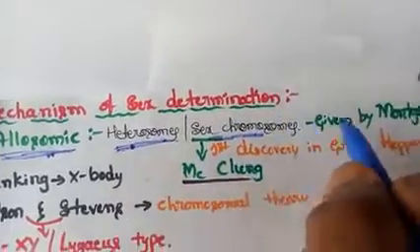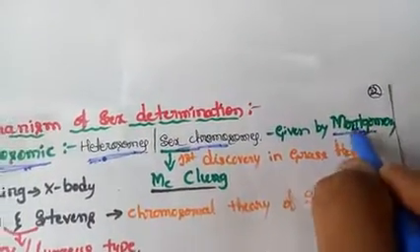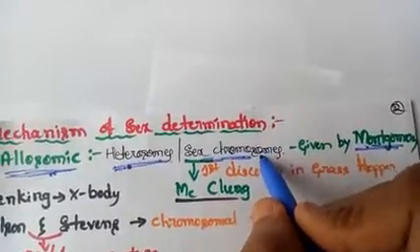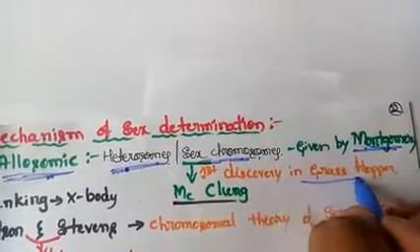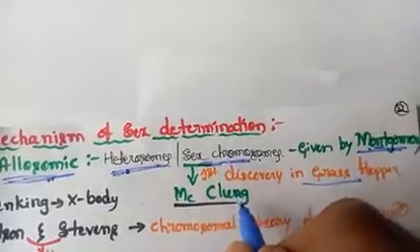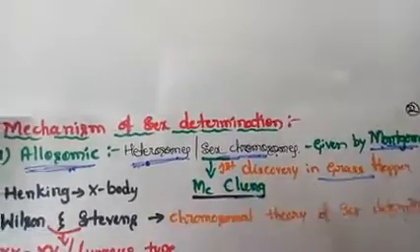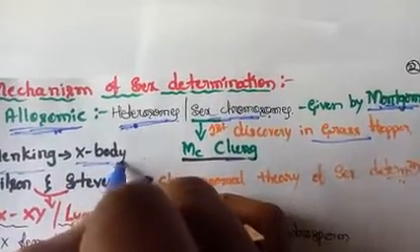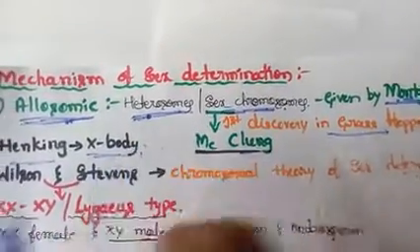The name sex chromosome was given by Montgomery, and sex chromosomes were first discovered in grasshopper by McClung. As we already studied, Henking gave the name sex X body, which we now refer to as the X chromosome.